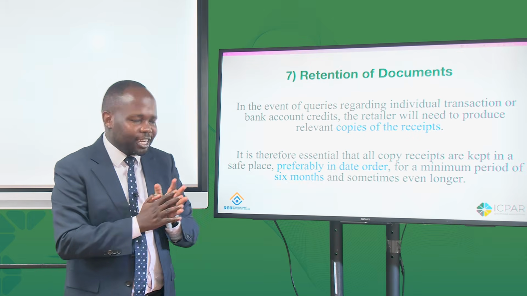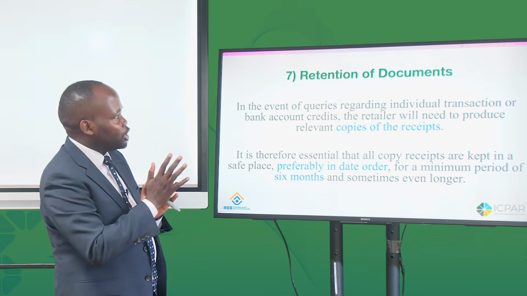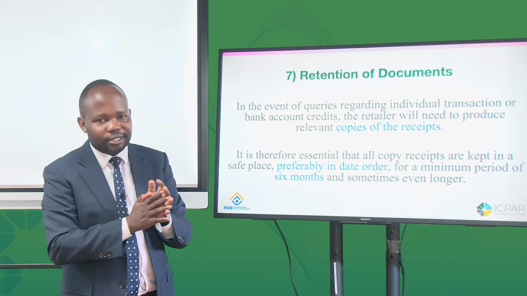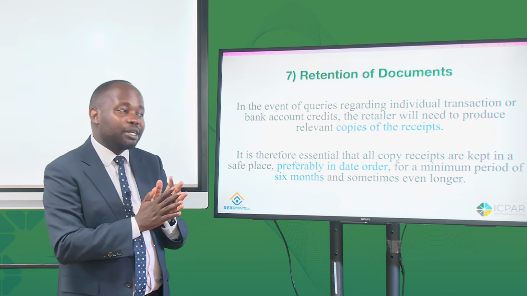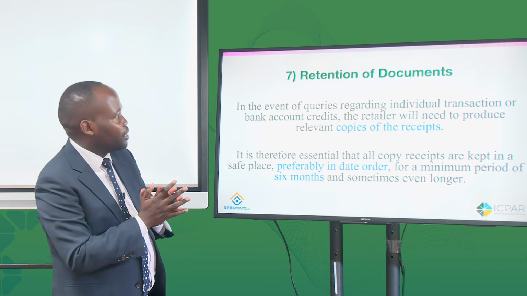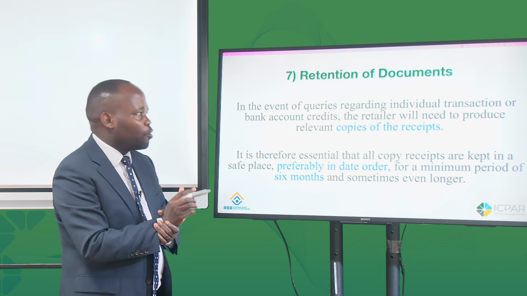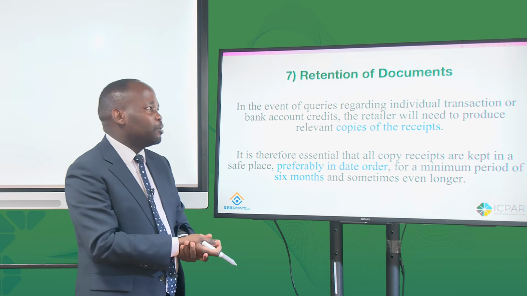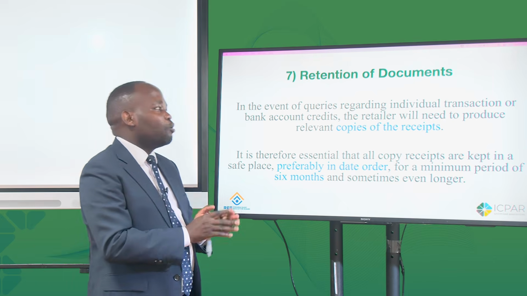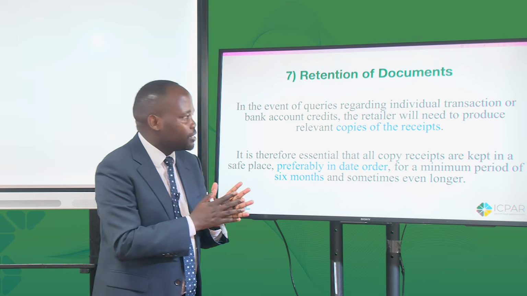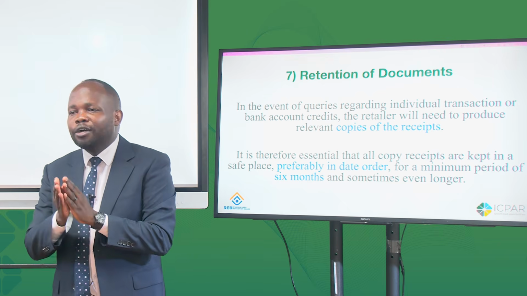The last item is on retention of documents. Remember, we have said we need to keep our records right because there can be claims in future. So in the event of queries regarding individual transactions or bank account credits, the retailer will need to produce relevant copies of receipts.